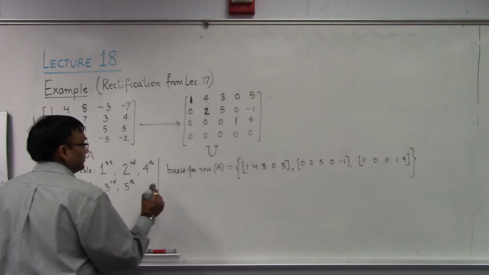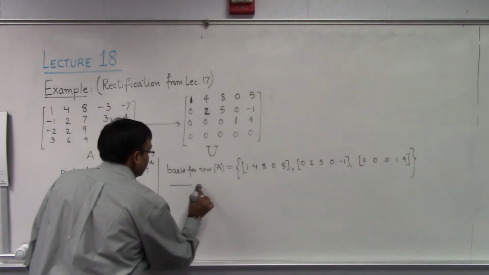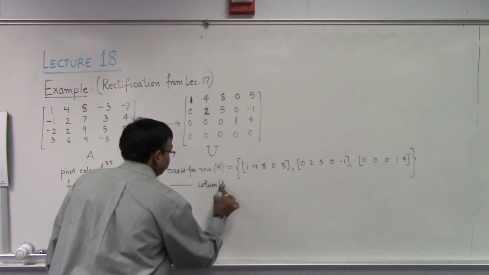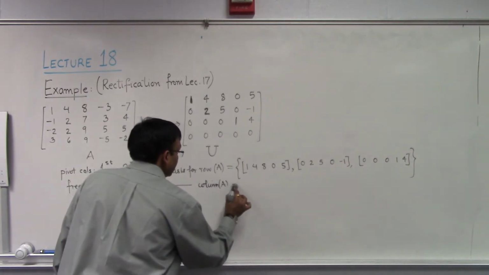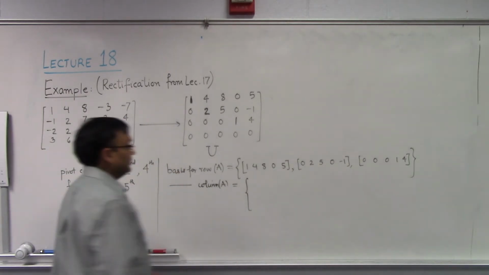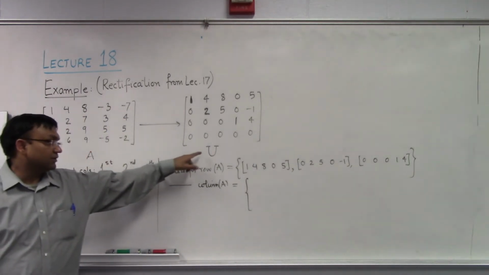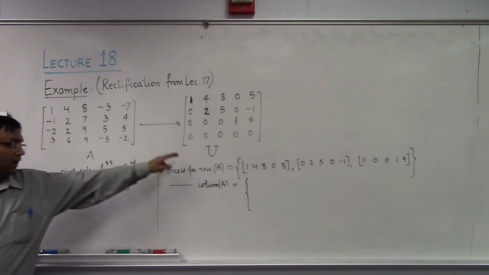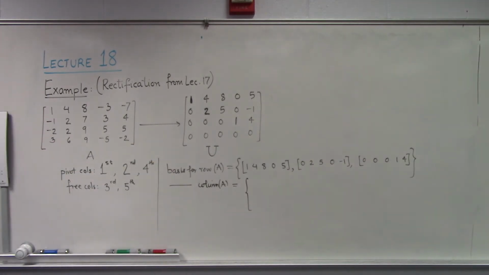Now what about the basis for the column space of A? This will also be three-dimensional because there are three pivot rows. But remember, I can't use this matrix. I have to come back to the original matrix because the column space of this and its reduced form are not the same.